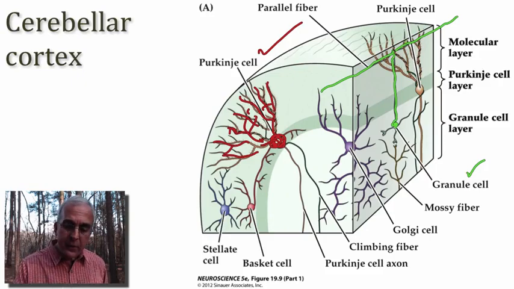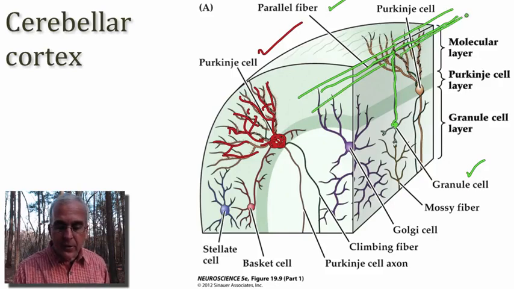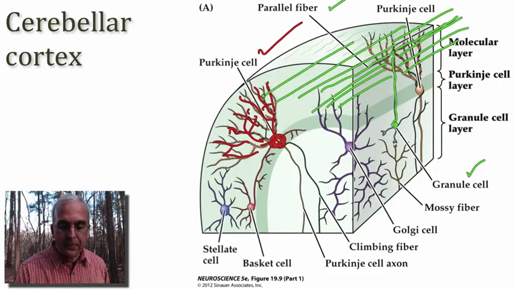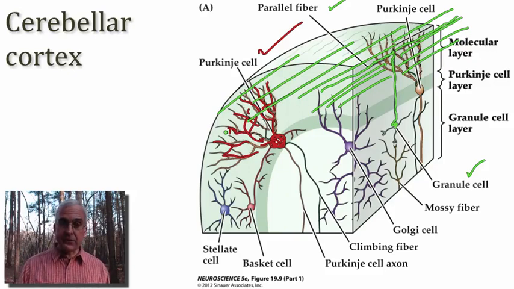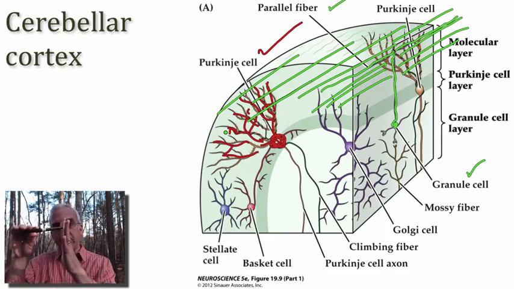So these are called parallel fibers because they are growing in parallel to one another and parallel to the organization of the folia of the cerebellum. Now, it's difficult to appreciate this fact in the illustration, but the organization of the Purkinje dendrites is orthogonal to the parallel fibers that are running through them.